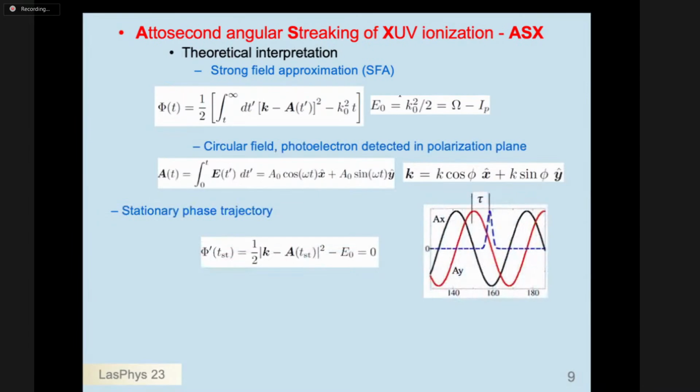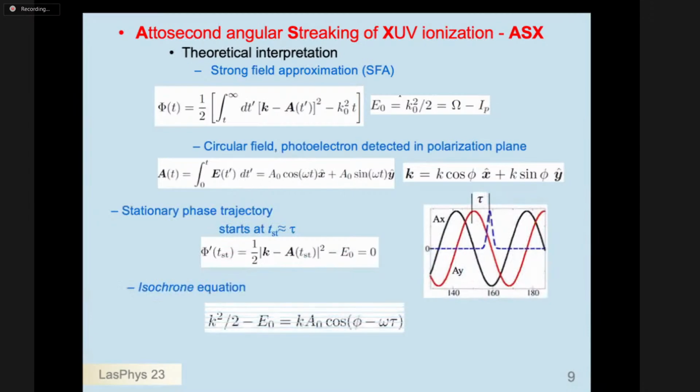It just becomes this cosine equation, where the displacement of the photoelectron relative to its free electron value depends on the detection angle phi and the time delay between the XUV pulse and infrared probe.